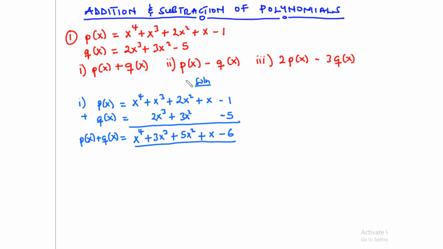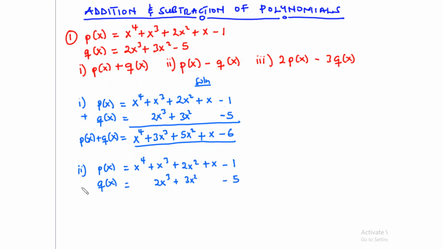Now let's solve for (ii). We have p of x equals x exponent 4 plus x cubed plus 2x squared plus x minus 1, and then q of x to be 2x cubed plus 3x squared minus 5.